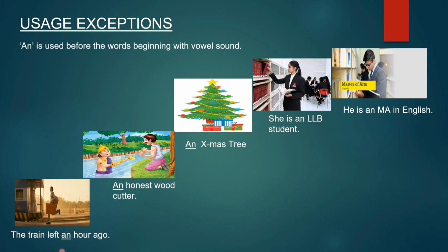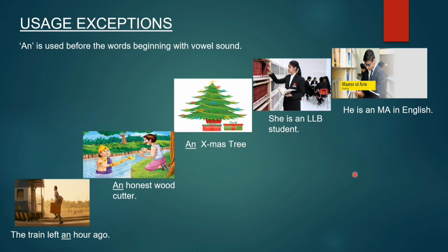The first letter of hour is H. Here the sound of H is silent. It sounds like O, which is a vowel, so the article an is used. Despite its spelling, the word hour begins with a vowel sound, therefore we use an. Similarly, an honest woodcutter, an Xmas tree, he is an LLB student, he is an MA in English.